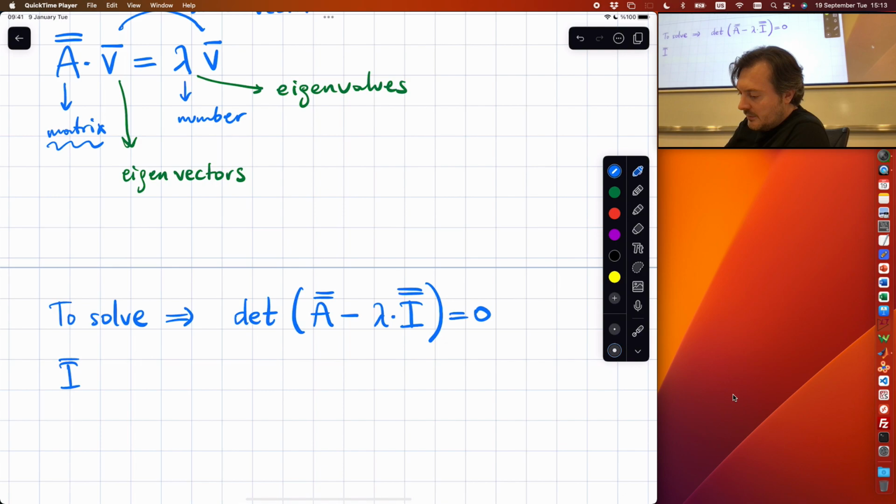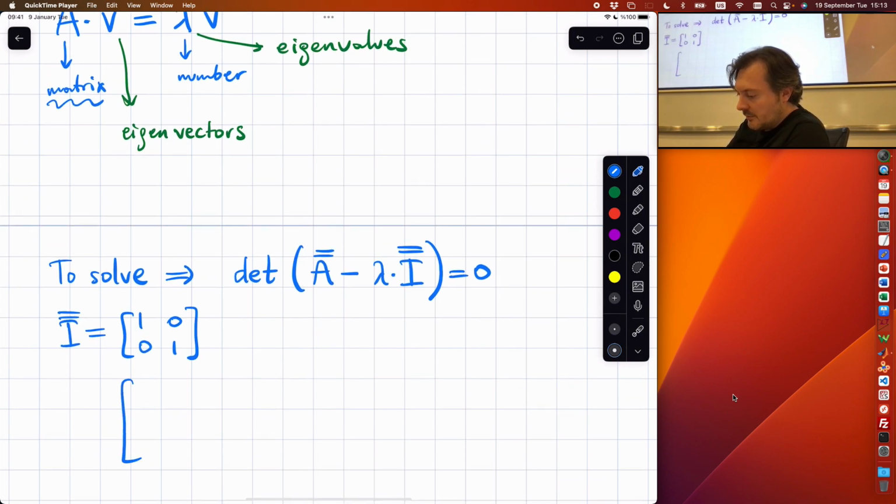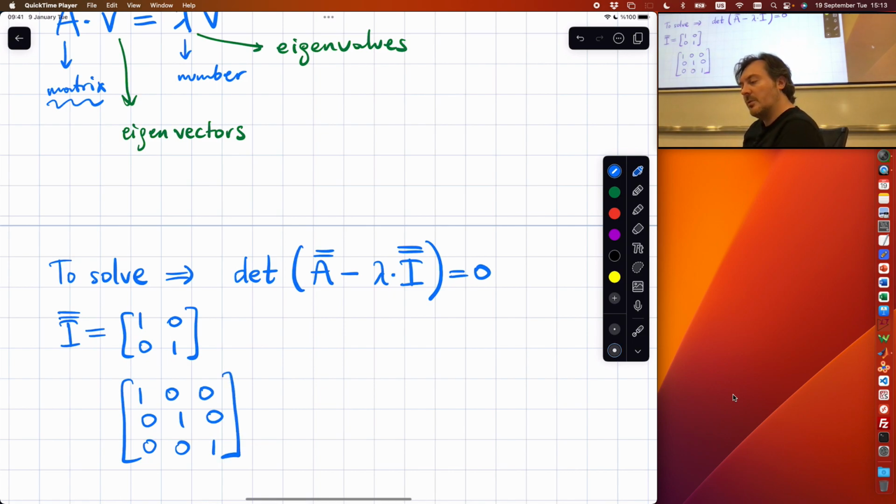Identity matrix is, let's say, 1, 0, 0, 1. Or if your matrices are three-dimensional, then it could be bigger. So it's all ones on the diagonal, all zeros everywhere else. All these are identity matrices. Okay? So to solve this, you need to do this.